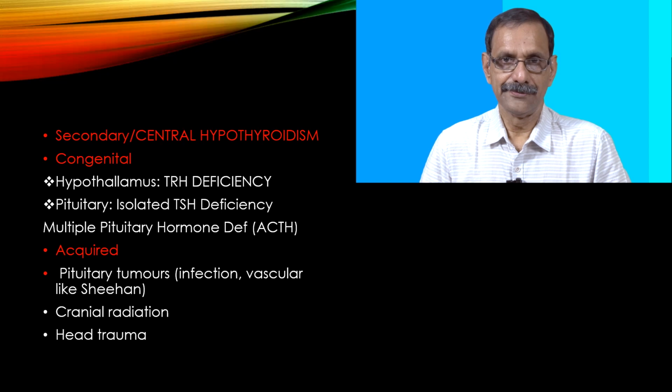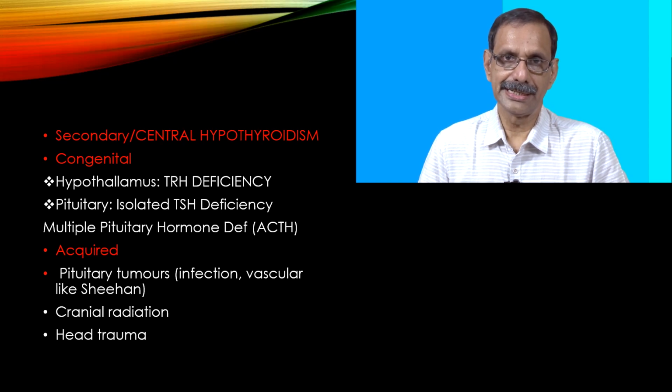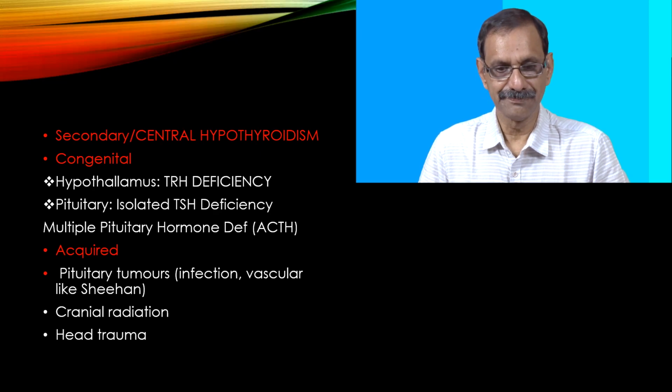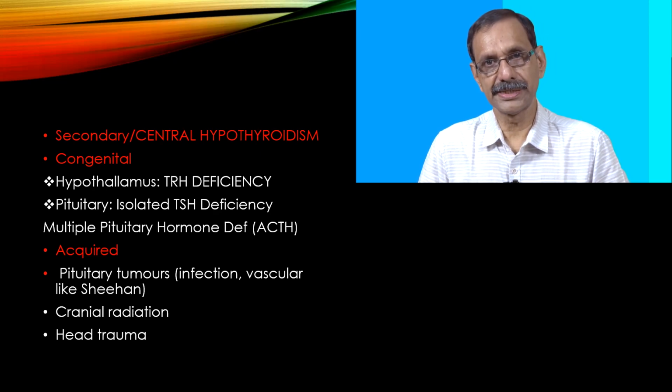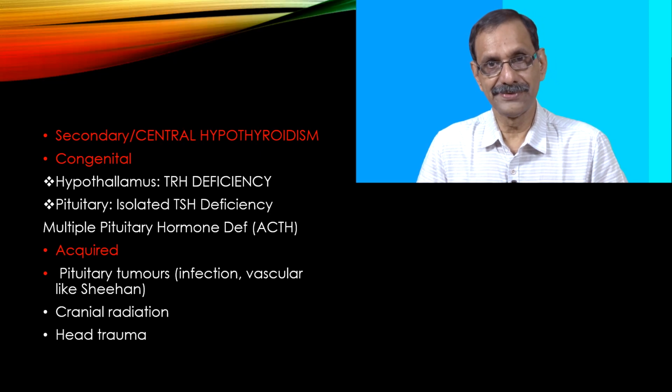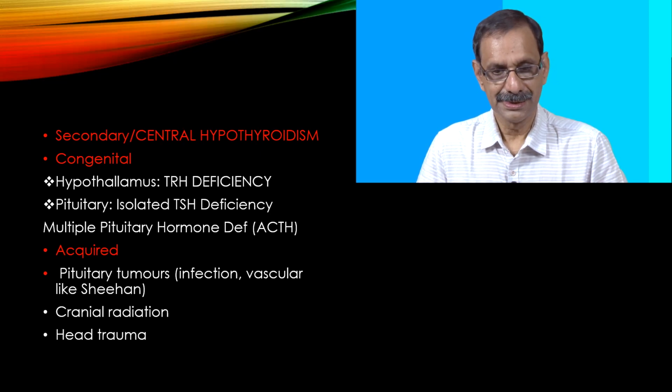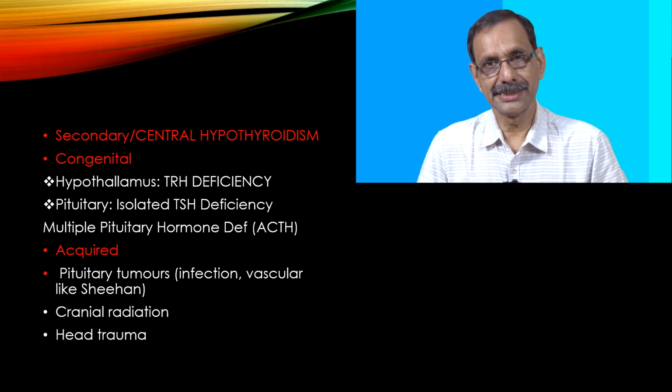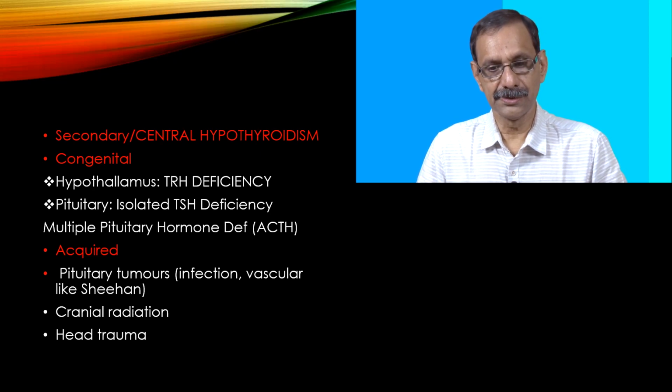Congenital, if it is pituitary, is generally multiple hormone involvement rather than TSH alone. So in addition to hypothyroidism, you may have cortisol deficiency as well, and other deficiencies also possible. And acquired is either chronic infection like tuberculosis or tumors, vascular causes, irradiation, head trauma, etc.